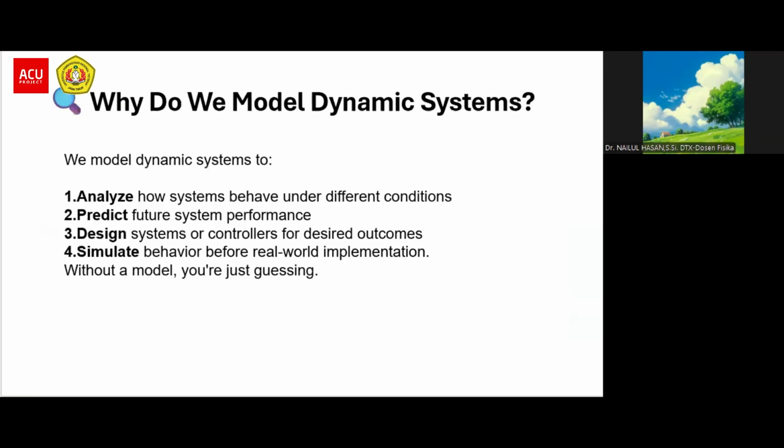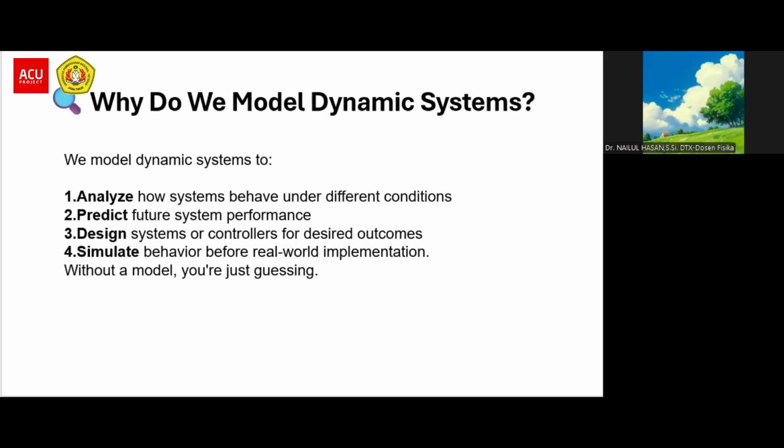Why do we model dynamic systems? There are several key reasons. First, to analyze how a system behaves under different conditions. Second, to predict future performance, which is vital for planning and safety. Third, to design systems or controllers that achieve specific objectives, like maintaining a stable temperature or balancing a drone in flight.